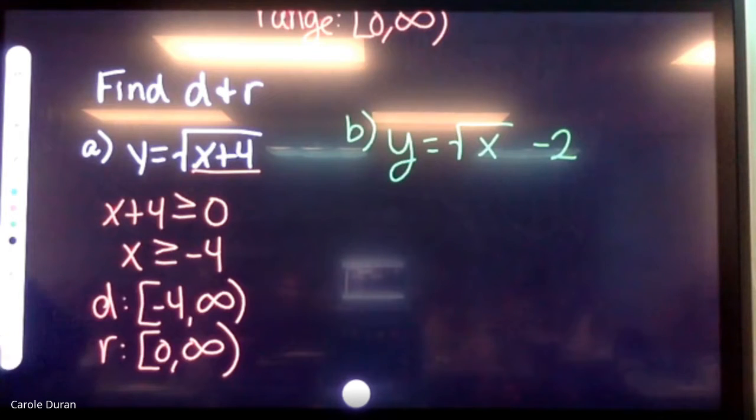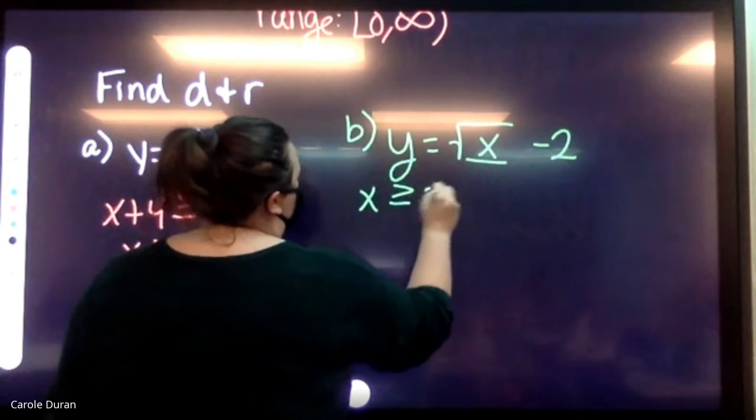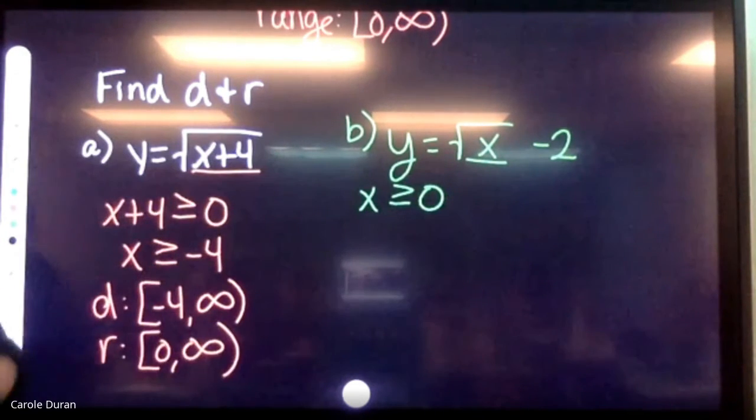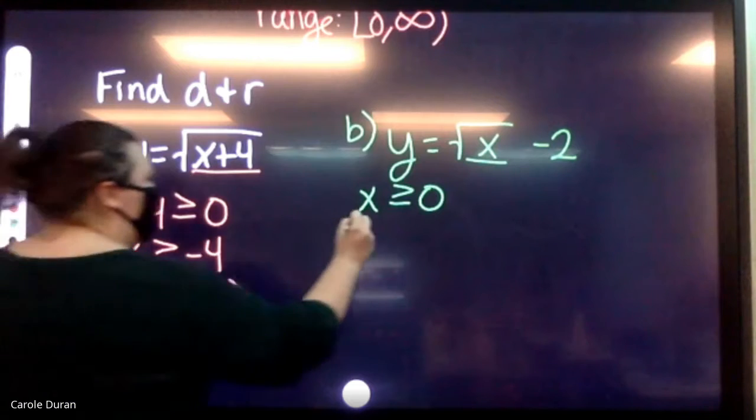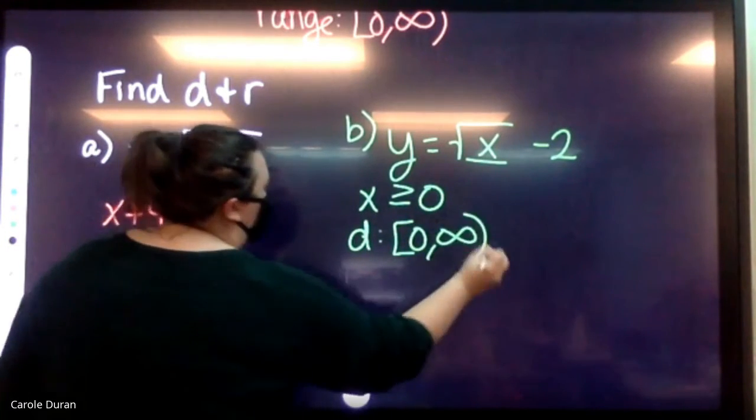When I'm looking at the domain, I'm trying to think of numbers that I cannot plug into that, and I know I can't take the square root of a negative number. So I have to take what's inside of here and set it greater than or equal to 0, and that tells me my domain. I didn't have any other numbers with it, so I'm just left with x greater than or equal to 0. So my domain is 0 to infinity here because I had no horizontal shifts.